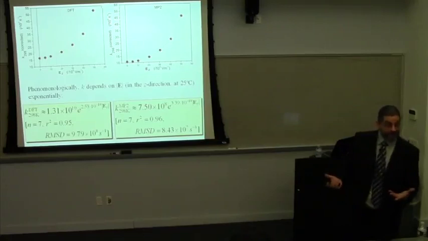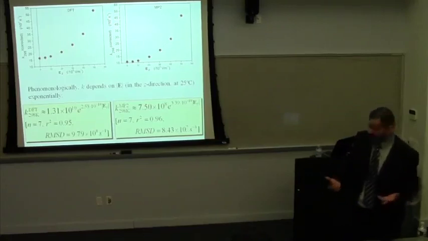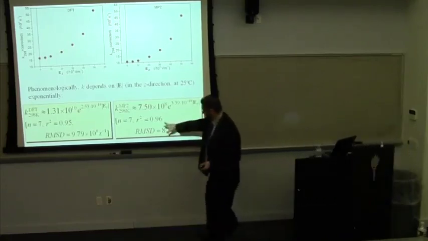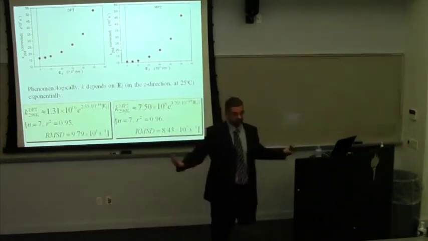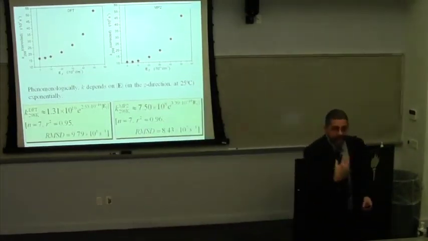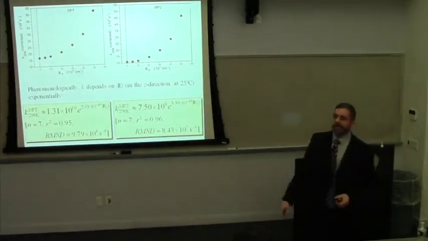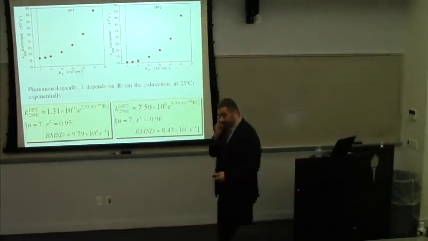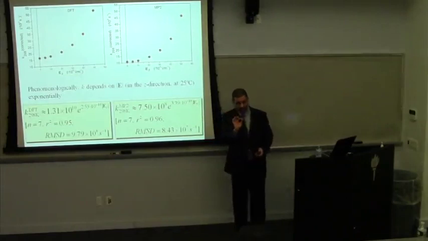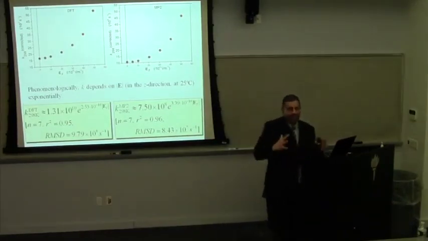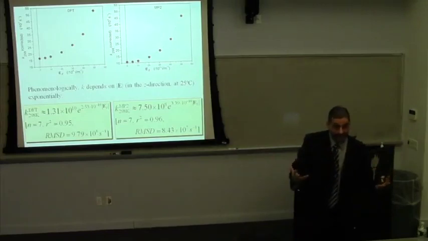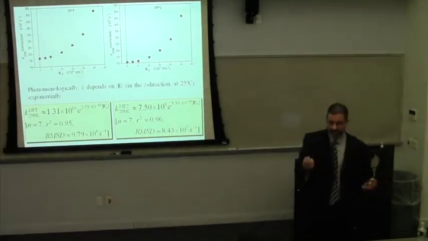both of these can be fit very well to an exponential relationship. Look at the R, very, very close to an exponential fit. Perfect. The take-home message here is that if it is exponential, then a small tiny change will be magnified. A small tiny change in the field will be immensely magnified in terms of k. That's the take-home message.